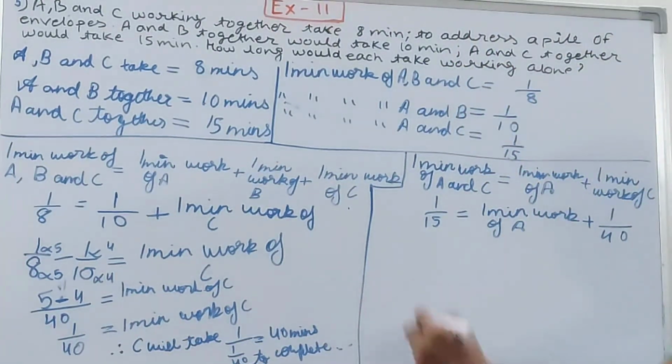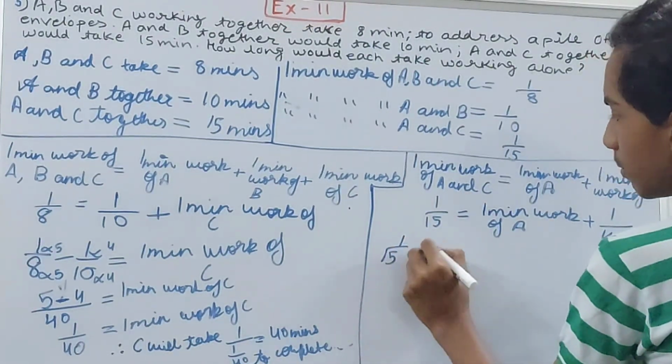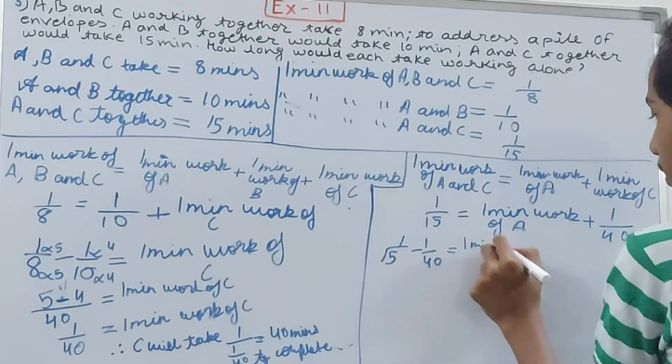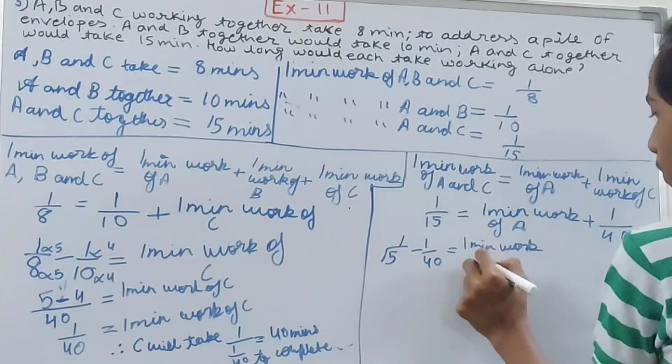So 1 by 15 minus 1 by 40 is equal to 1 minute work of A.